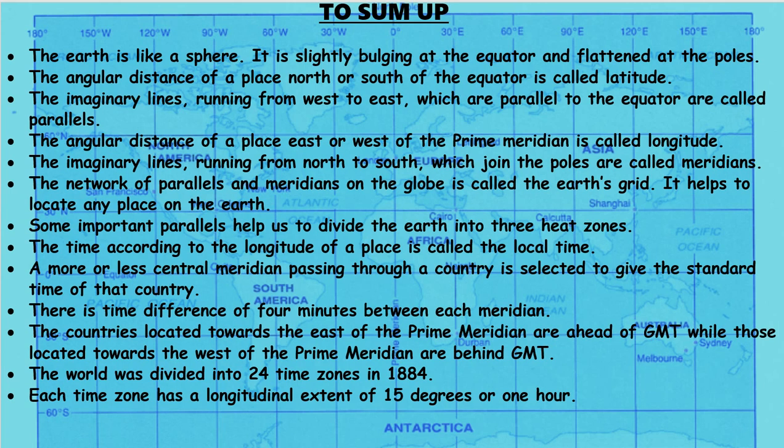There is a time difference of 4 minutes between each meridian, and the countries located towards the east of the prime meridian are ahead of Greenwich Mean Time, while those located towards the west of the prime meridian are behind Greenwich Mean Time.